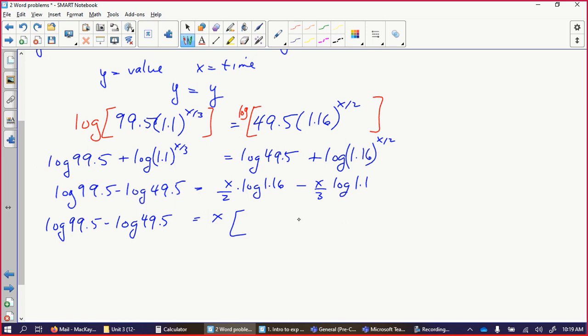You get less rounding error. If I factor out an x of this, we have log of 1.16, a number, divided by 2 minus, taking x out of this, taking x out of that, log of 1.1 divided by 3.